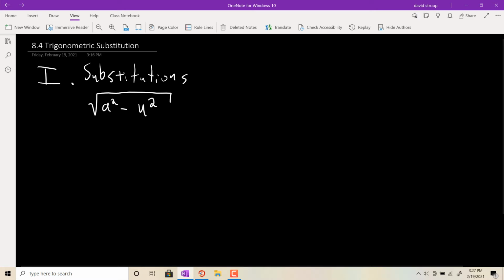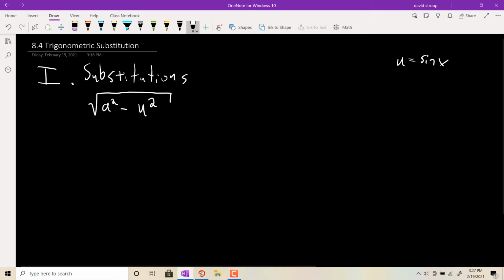So for the normal substitution, you might let u equal some function. Okay, so now it's kind of the other way around. You're making it worse almost.